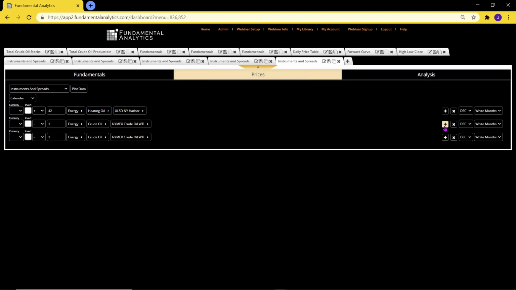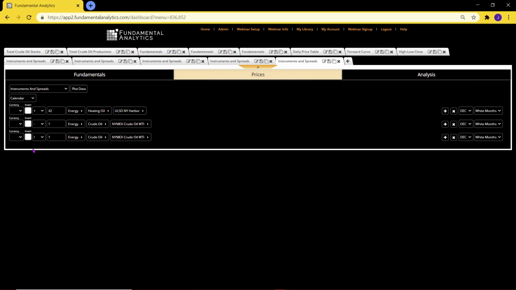And we're not limited to 3 or 4. A user can create as many legs as they want, with all the various price combinations they want to use. I'm adding a third one, and I'm going to divide out by the December contract. And what that does is it, so to speak, normalizes this heating oil crack spread relative to the crude oil price.